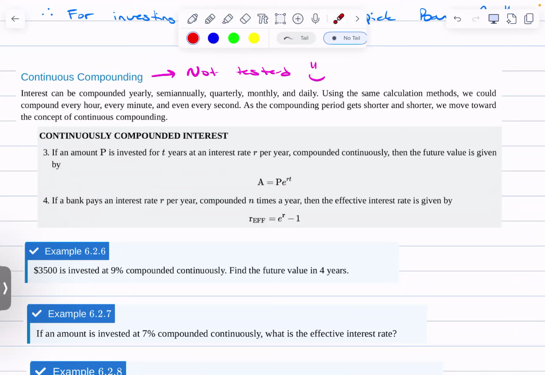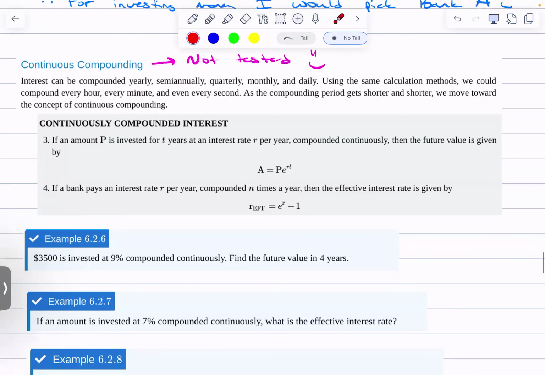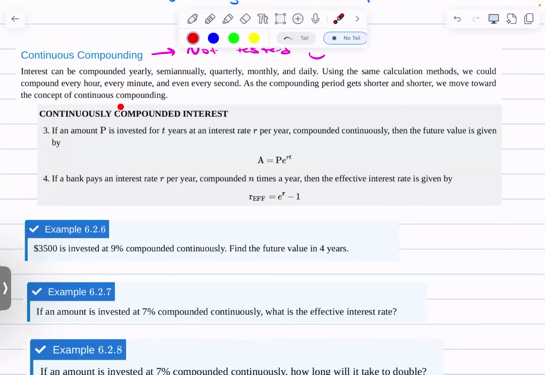There are some questions on it, so I will talk about it just briefly because it's kind of a cool concept. Mind-boggling. But interest can be compounded yearly, semi-annually, quarterly, monthly, daily, right? We've seen all those. But a cool thing is that we can have continuous compounding.